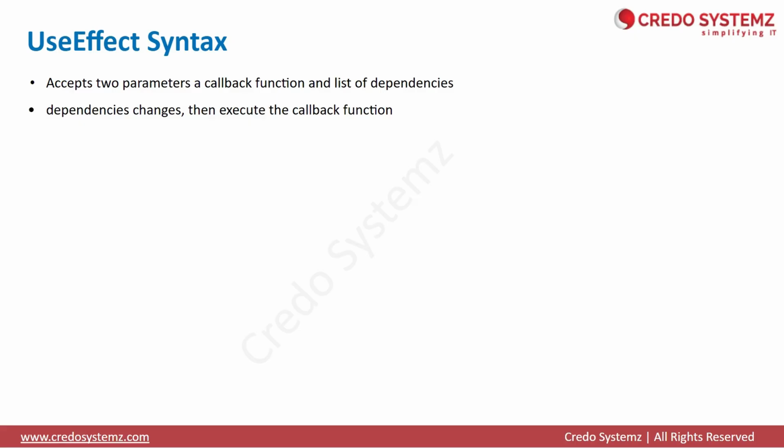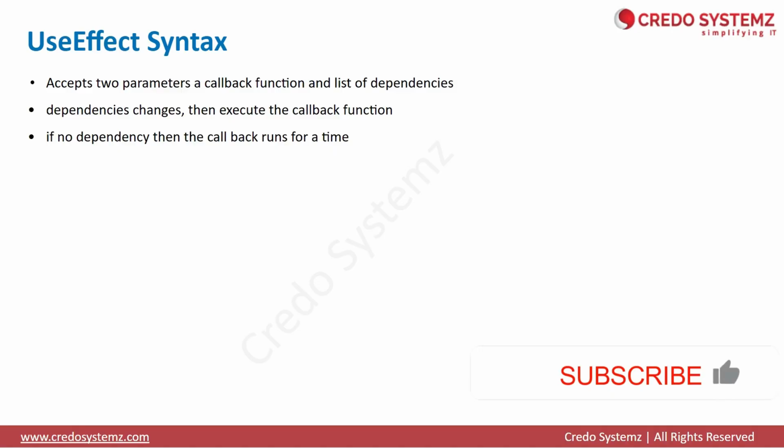Whenever there is a change in the dependency, then the callback function gets executed. If the dependency list is empty, in that case the callback function executes only once and that's it, nothing apart from that. So just keep in mind, whenever you want to execute the useEffect callback function repeatedly, in that case a dependency is supposed to be there. If a dependency is not available, in that case it will not execute after one time.